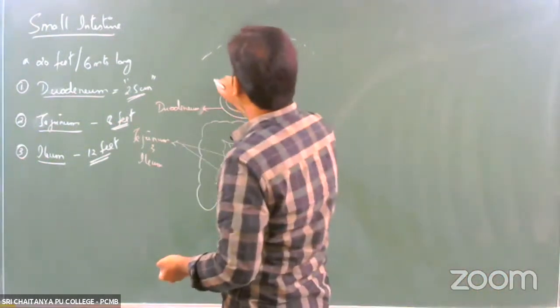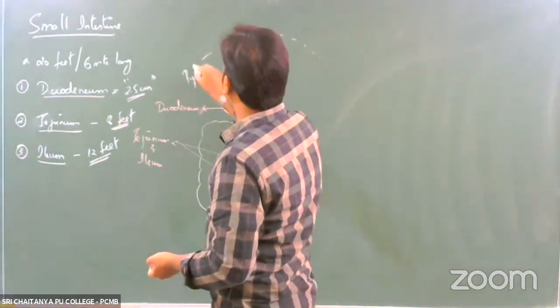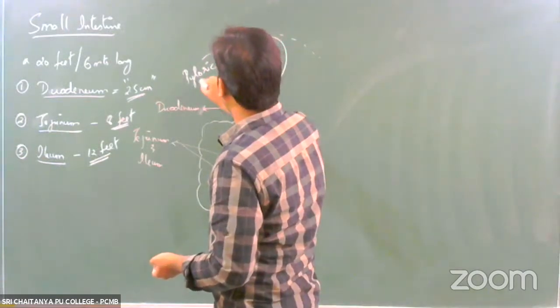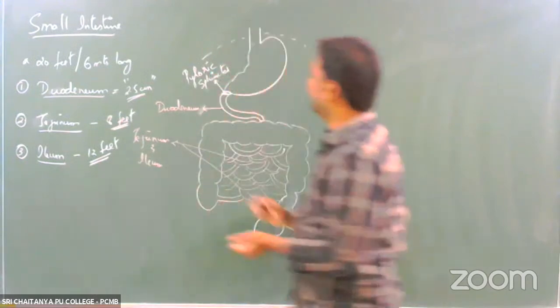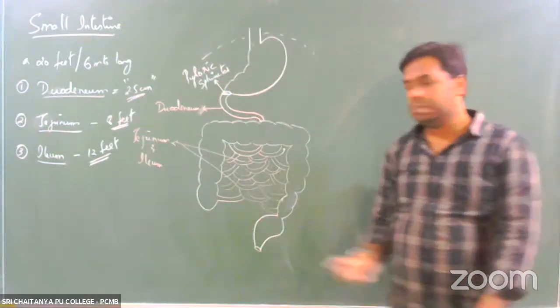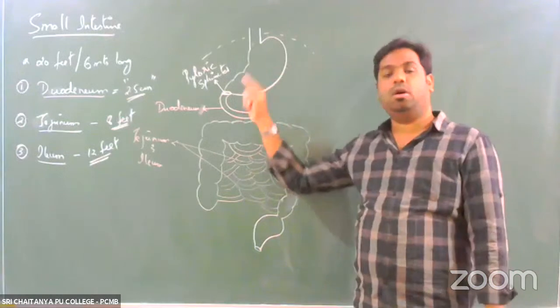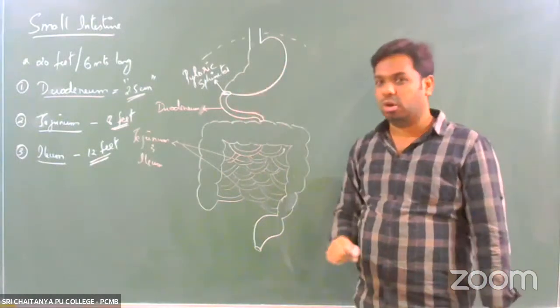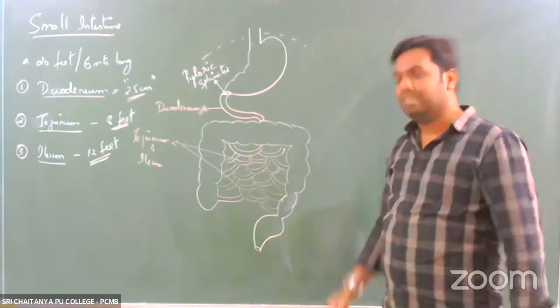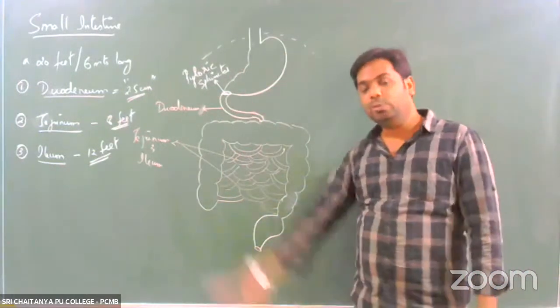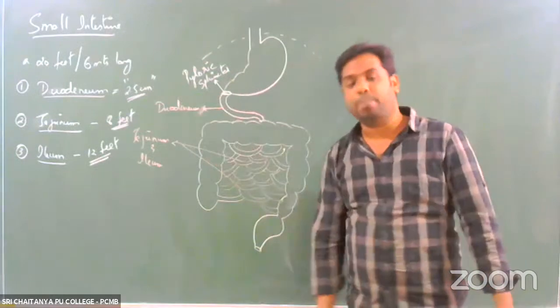We call this the pyloric sphincter. The pyloric sphincter guards the opening between the stomach and the duodenum. It prevents the backward flow of food from the duodenum back into the stomach. So this is the anterior opening, which is guarded by the sphincter called the pyloric sphincter.